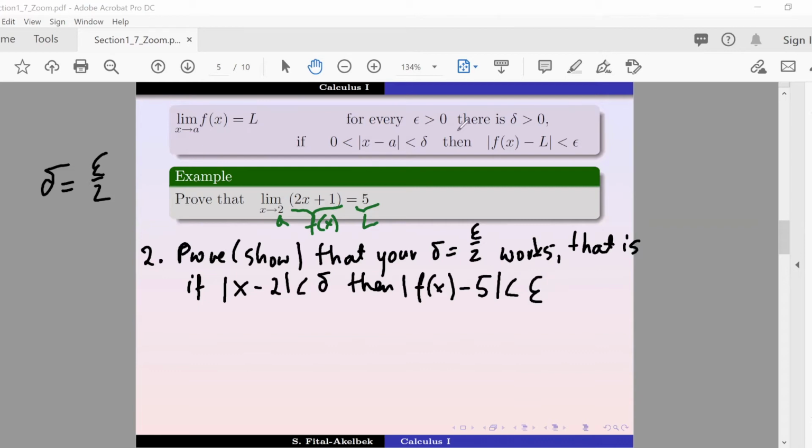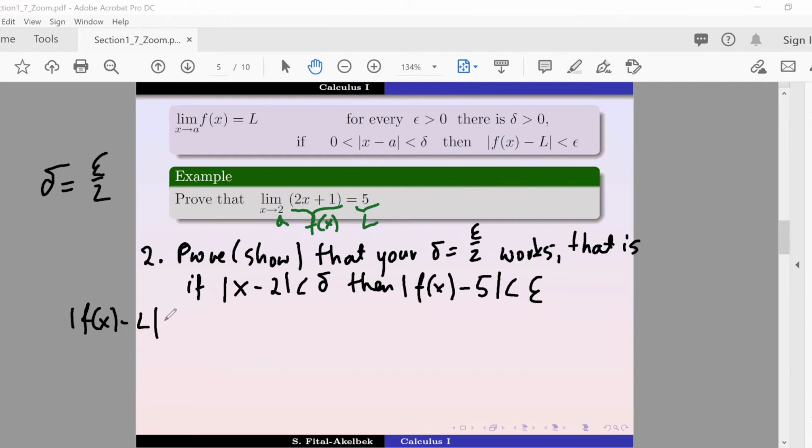So in other words, we assume that this holds and prove that this is true. So we're going to start with this part. Take this f of x minus L, that's what I'm going to start with first.